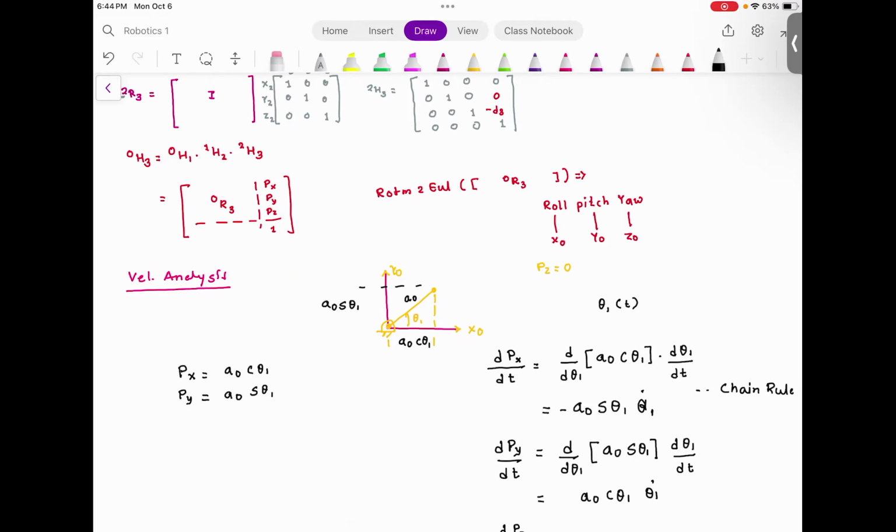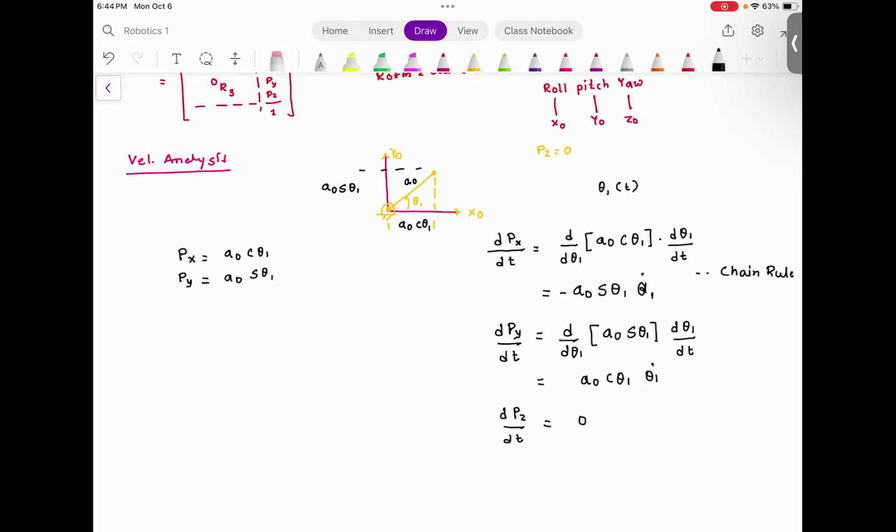Okay. But I want to express this in a slightly different fashion. So this is my equation 1, this is my equation 2, and I'm going to call this my equation 3. I want to write these equations in matrix form.